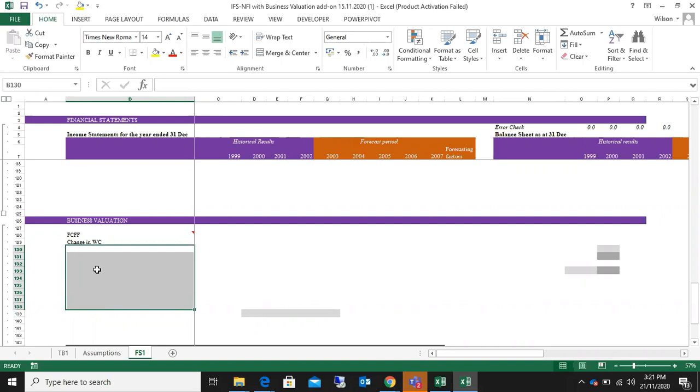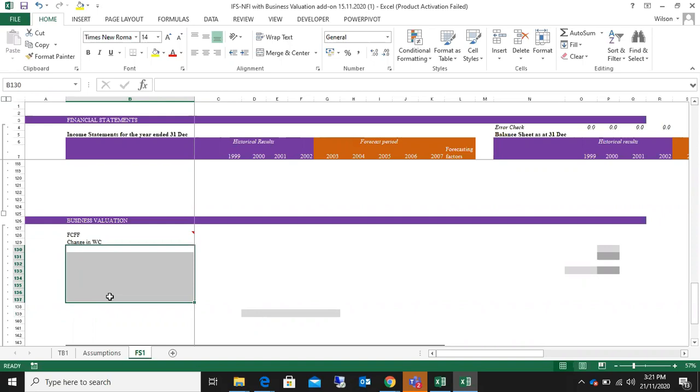And the reason why we are saying except for cash and short-term debt is because cash and short-term debt will have to be adjusted for. So we adjust for cash and short-term debt.